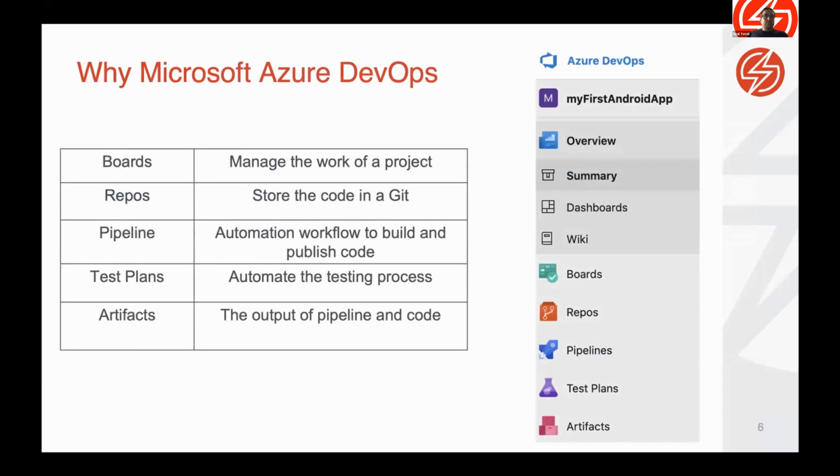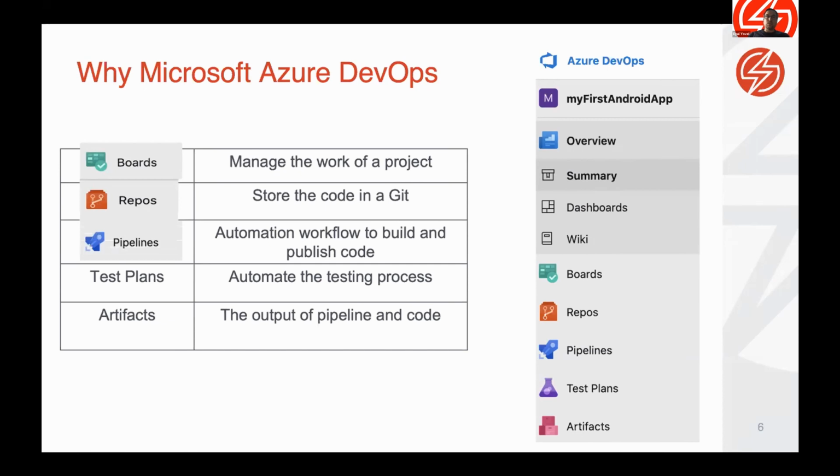So why actually Microsoft Azure DevOps? I will very quickly mention some of the services that Azure DevOps provides, because it's not only about pipelines. There is the Boards to manage the work of the project. There is the repository, like GitHub, but Azure has its own repository.